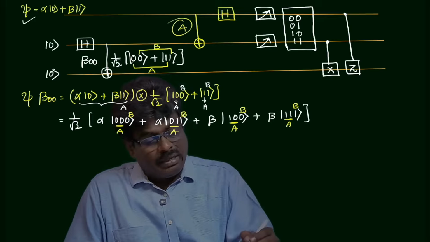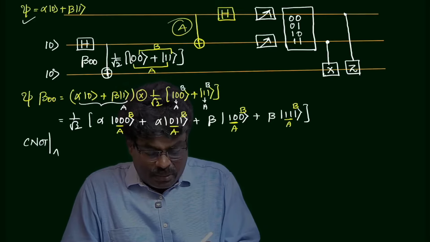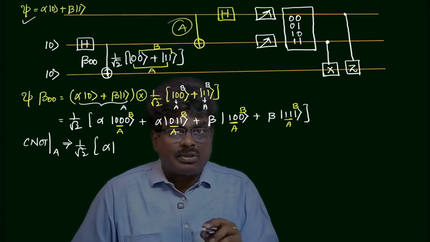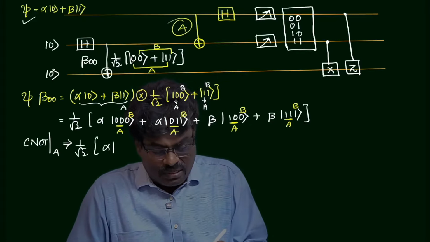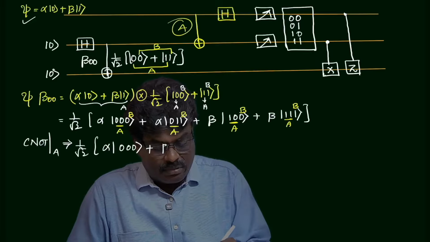Okay, so then I am performing this C naught operation of A, then what we will get, 1 over root 2 alpha. Please observe the first two qubits of A. In the first state 0 0, the control bit is 0, so the second qubit has no change, 0 0 only, plus alpha.